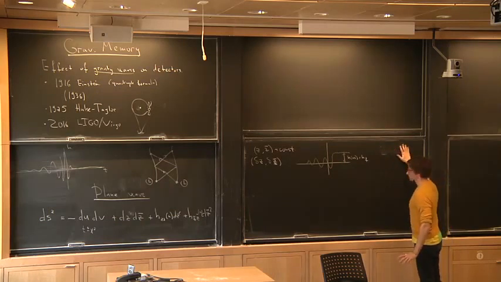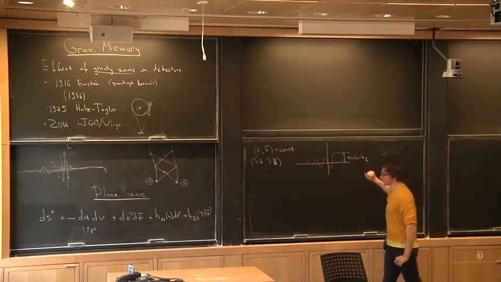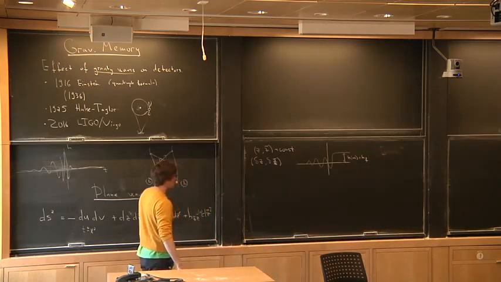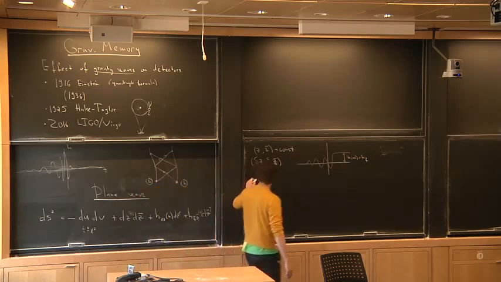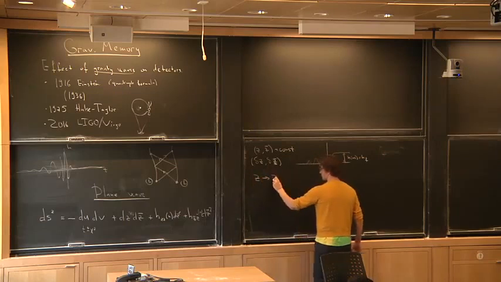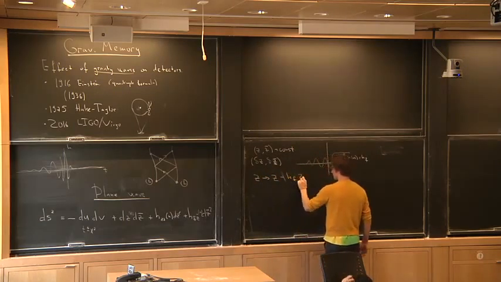If you consider a space-time with a constant h, you can make a simple diffeomorphism of this type: z goes to z minus h final z bar.